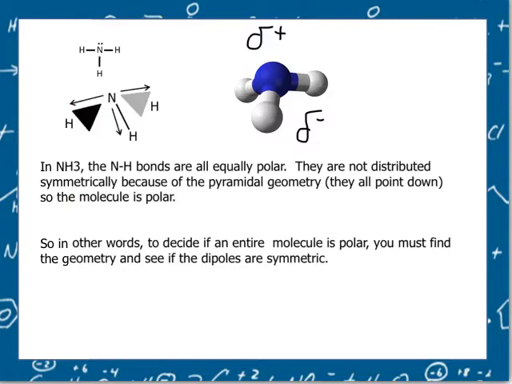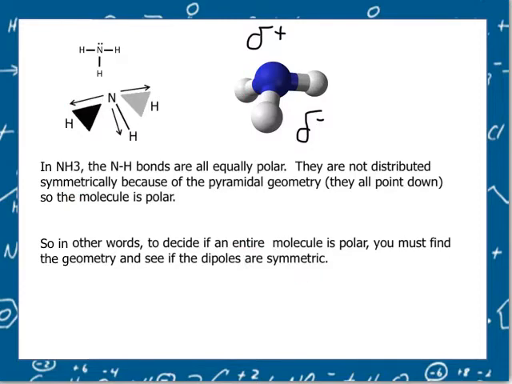So the take-home message, and here's the important part, to decide if an entire molecule, and that's the key thing, not just individual bonds, but the entire molecule is polar, you must figure out the geometry and see if the dipoles are symmetric.